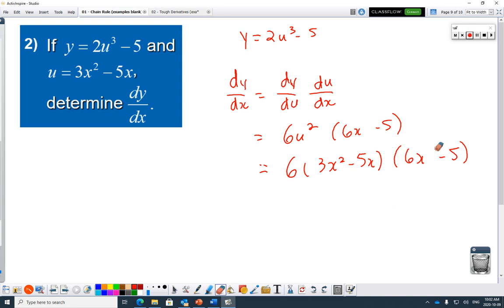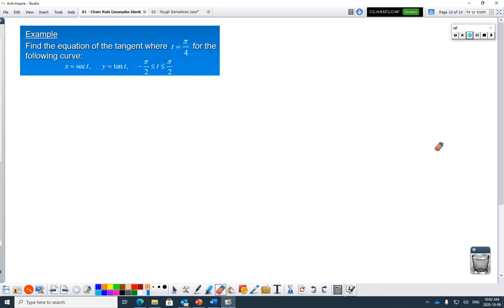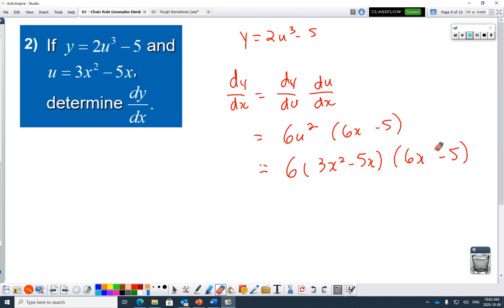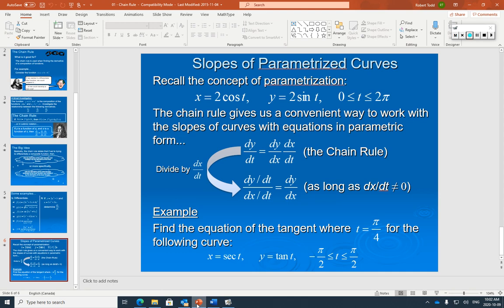Questions on that? There's just a few of those in the homework. Okay. I'm going to put this last page, slope of parametrized curves, on my list. I'm going to move into the second half.